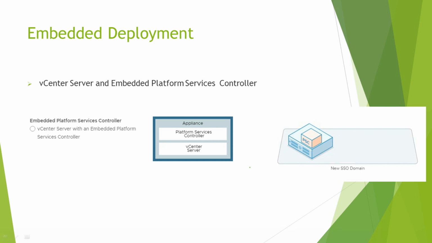This is a screenshot from a different setup which we have on stage 2, but it basically gives you the message. You have your server and your PSC is running underneath it as well, which is good. That's why I have put it there, but it was from stage 2, which is why it was asking for a new SSO domain. Don't worry about that, but this is important stuff, so you need to remember that.